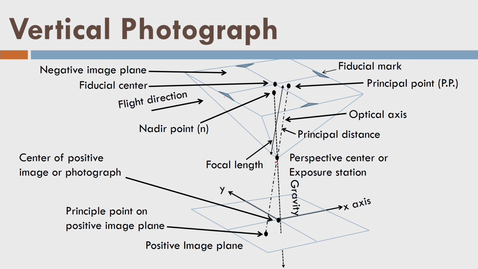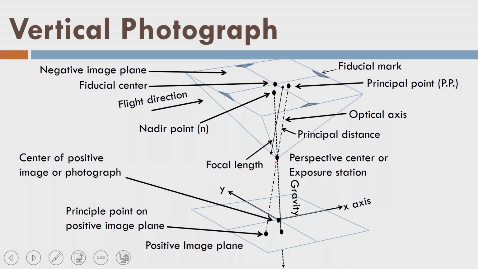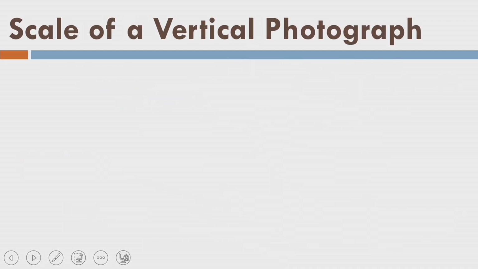Secondly, the optical axis itself is not matching with the fiducial center of the negative image, but still the optical axis and the gravity line are passing through the exposure center, and the exposure center is the point where all the rays from the object are coming and converging, and then again diverging towards the image plane. So, this point, let us say, is the projection of another point in the positive image. Now you can understand how they are different.